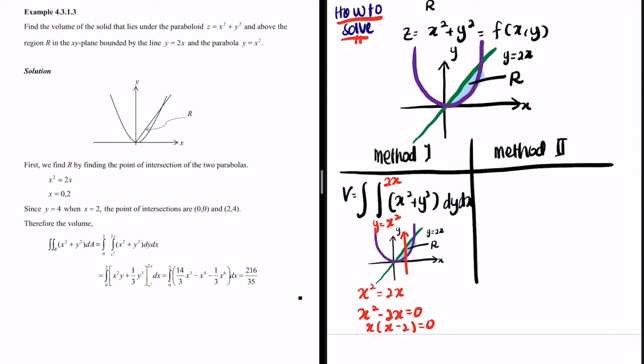And the answer will be x equal to 0 and x equal to 2. Therefore, the best lower and upper limit with respect to variable x is actually x equal to 0 until x is equal to 2.